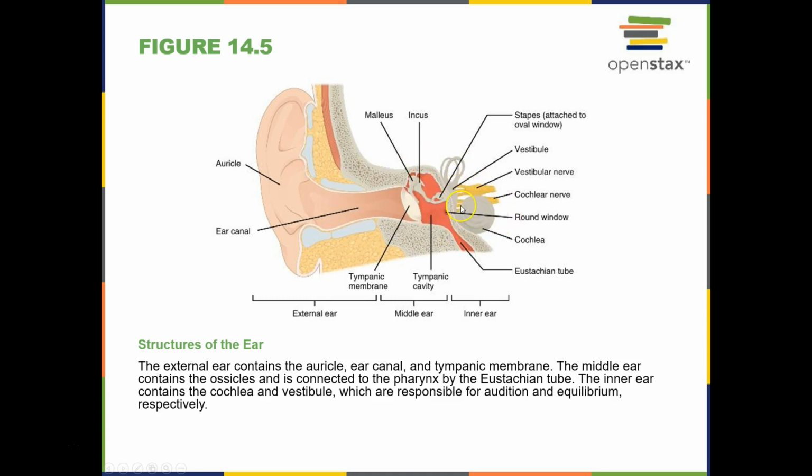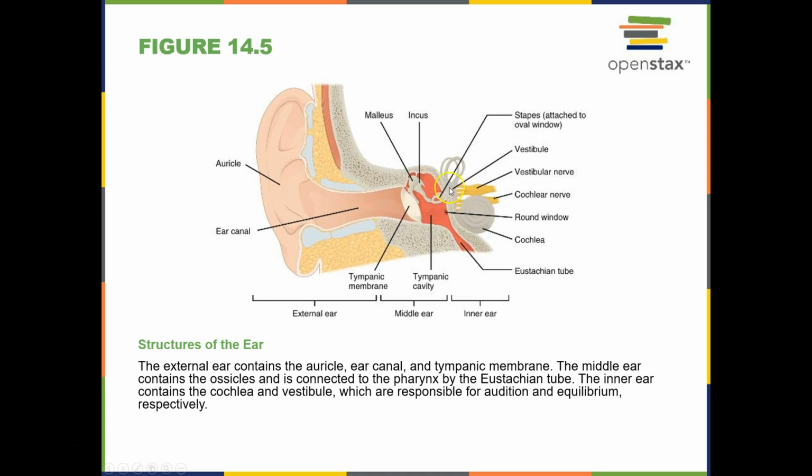The inner ear then contains the cochlea, which is the site for hearing. We have a vestibule, which is right in this region, and then at the tip of the vestibule, we have three semicircular canals.